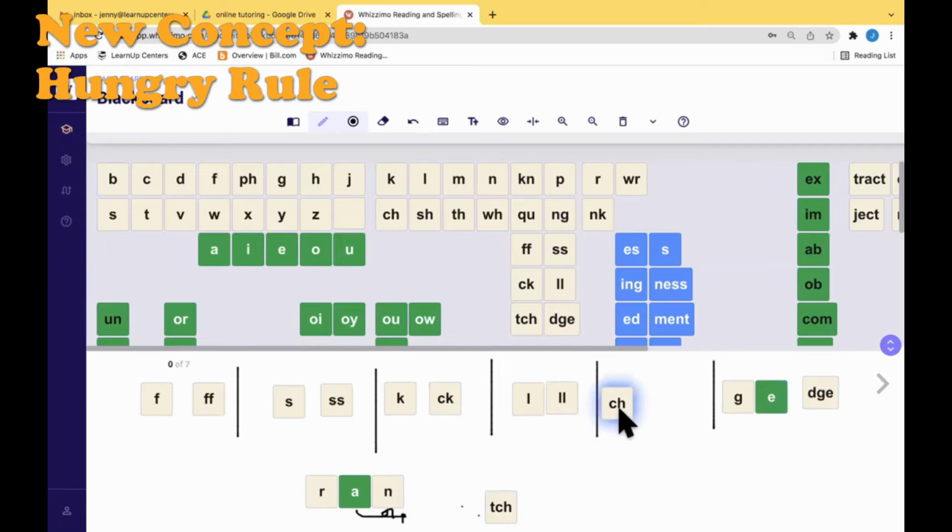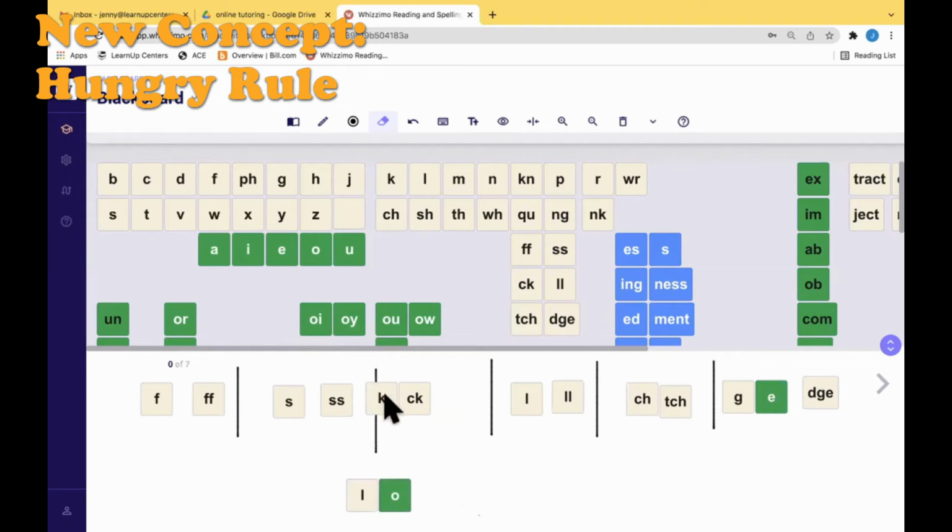What if I have another vowel as a friend? So I want loaf, like a loaf of bread. So oaf. What ending do you hear?